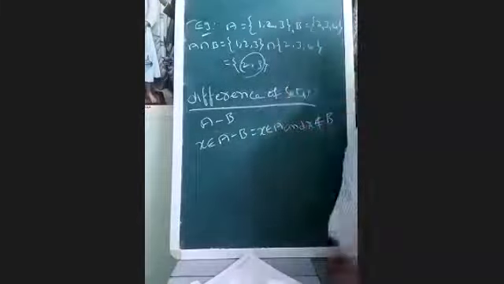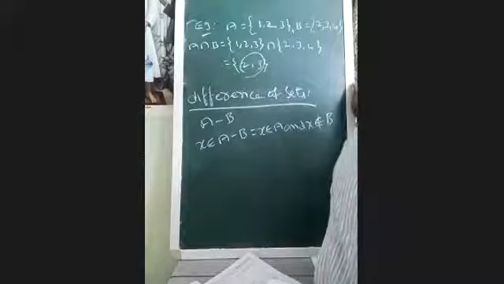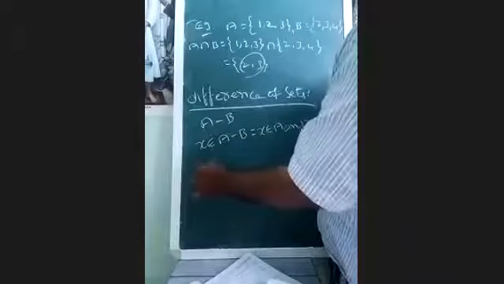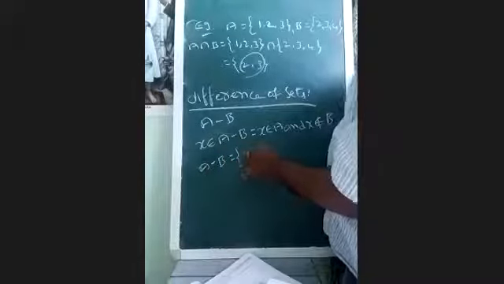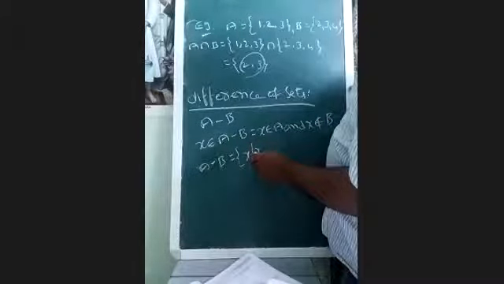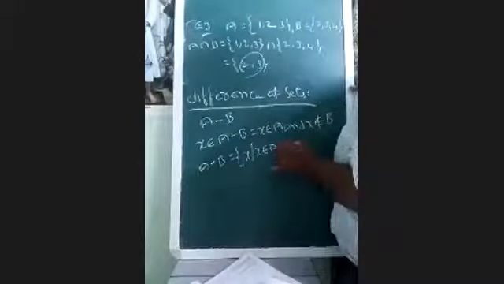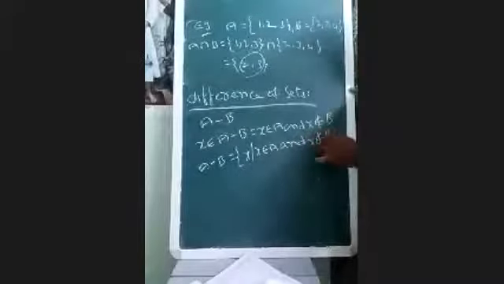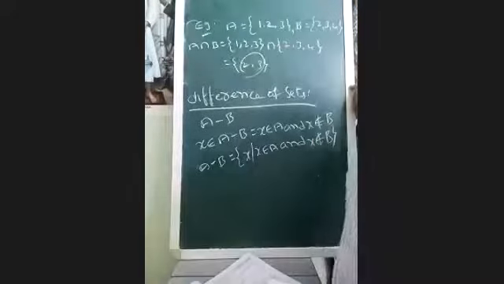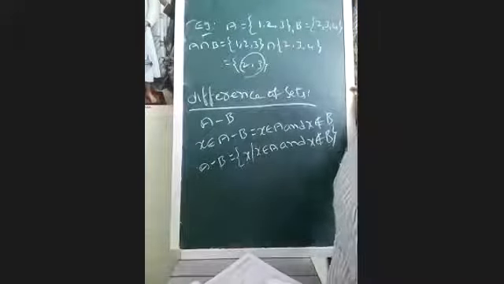Now here A minus B equal to {X such that X belongs to A and X does not belong to B}. Then this is called difference of two sets.